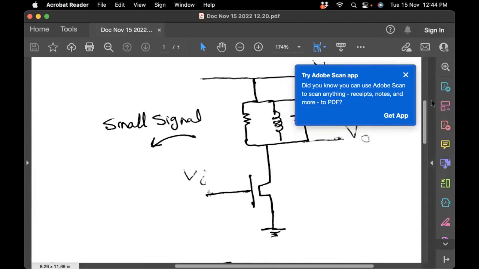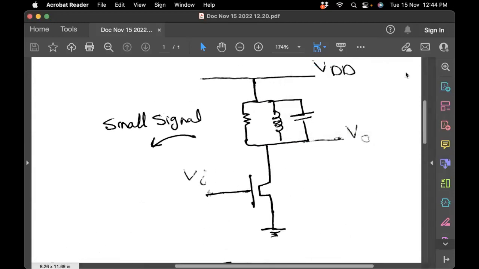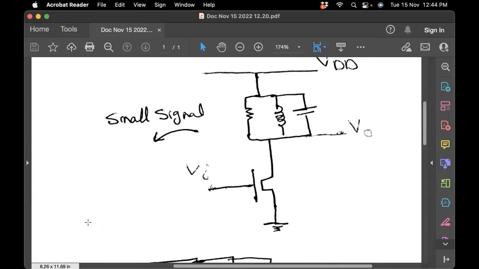So here, this is the typical circuit. We have an input signal, as you can see here with my mouse, directed to the gate, and we have a resistance, a coil, and a capacitor directed to some voltage VDD, and this is the terminal for the output, where your source is connected to ground.